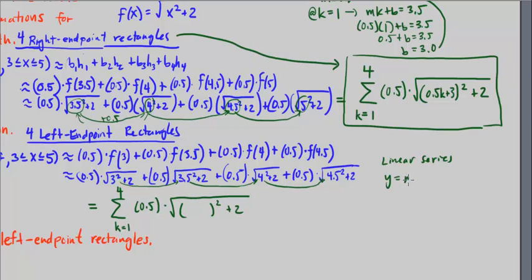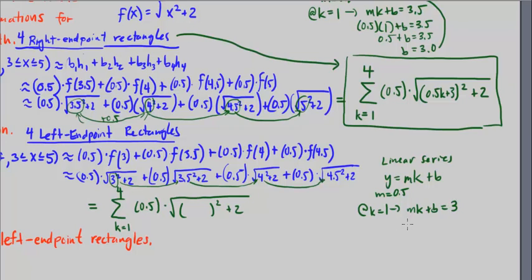So that means we have a linear series with y is equal to mx plus b. But instead of x, I'm going to use our variable k. Whatever variable it is, I'm going to put here. M is 0.5 because we're adding 0.5 each time. So when k is equal to 1, mk plus b is equal to our first value, which is 3.